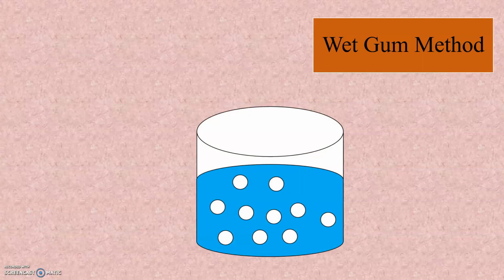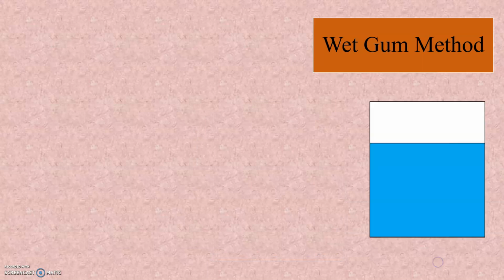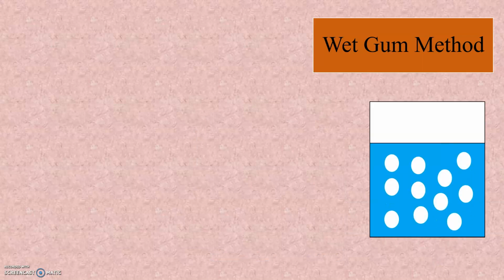At this stage, the emulsion produced is known as primary emulsion. And finally, add more water to produce the required volume. And in this way, the emulsion is prepared by using wet gum method.